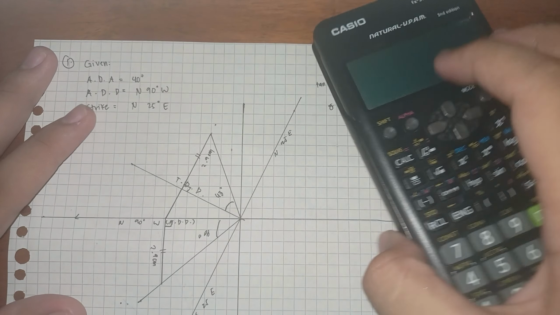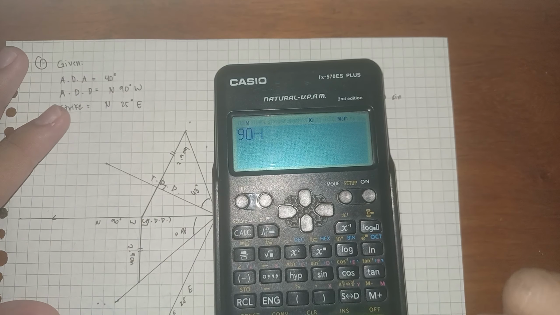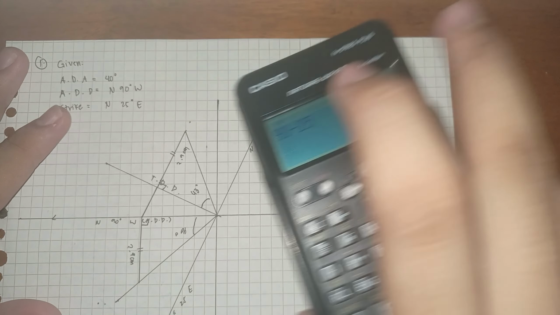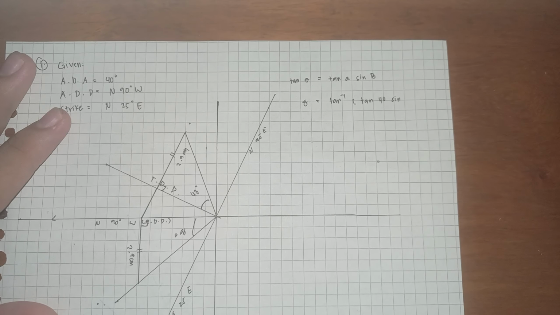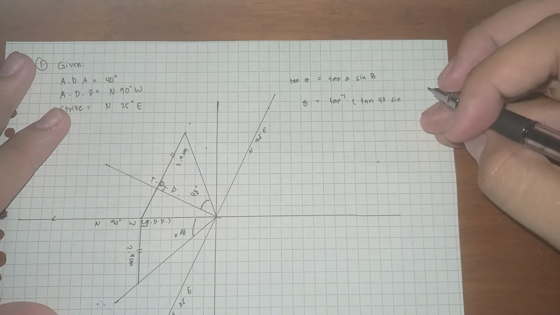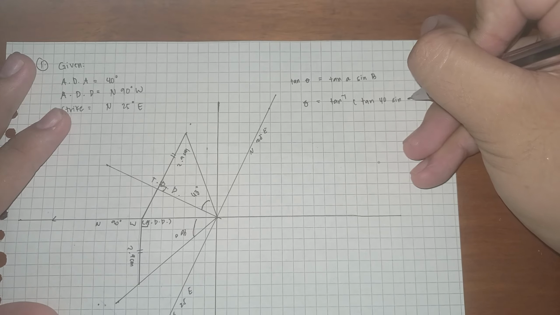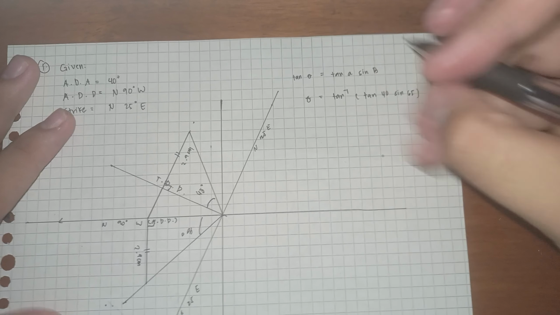Okay. So we'll be subtracting 90 minus 25. So it is 65. So that is the difference of your strike and apparent direction. So 65.